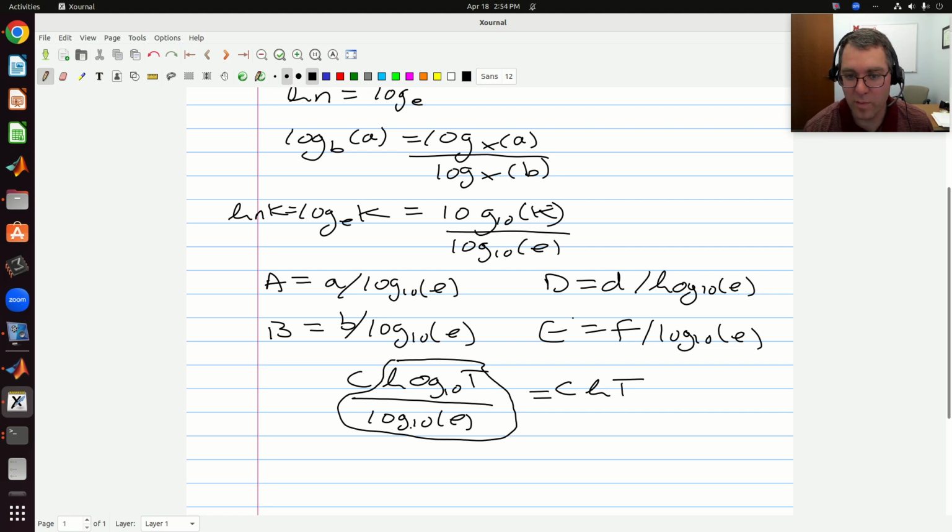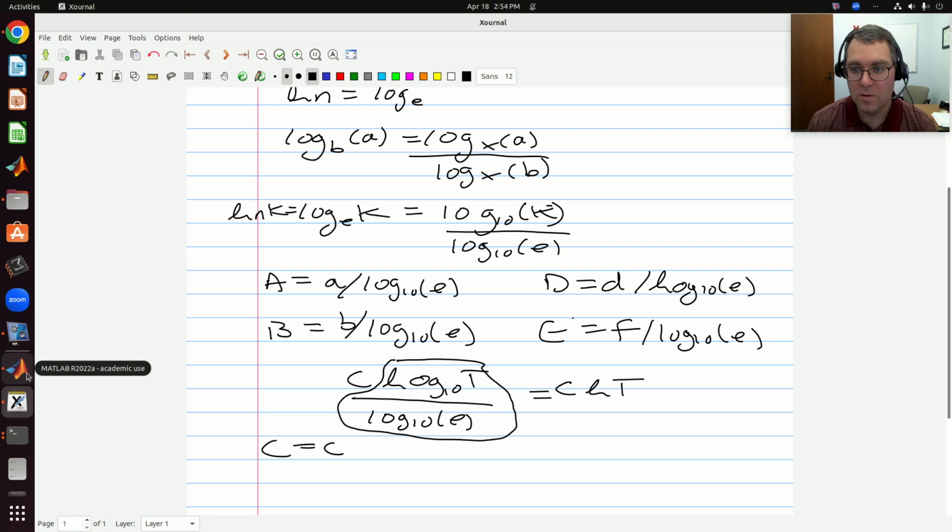Dividing through by log base 10 of e serves to convert that log base 10 of t expression. So big C is just equal to little c. My constant in front of the log term is unchanged. The dividing by log base 10 of e, in this case, serves to change log base 10 of t to natural log of t.